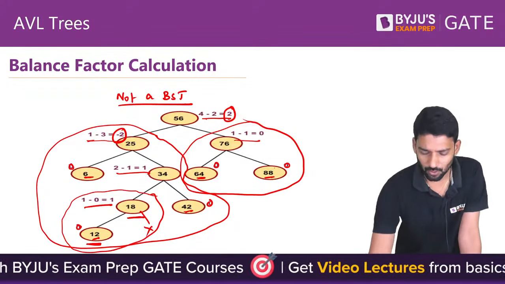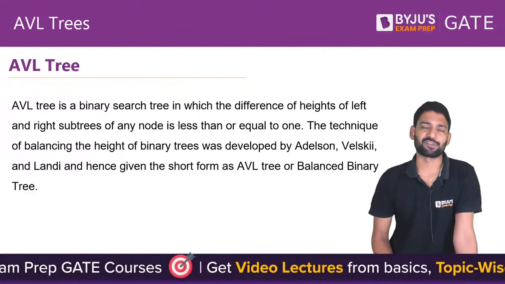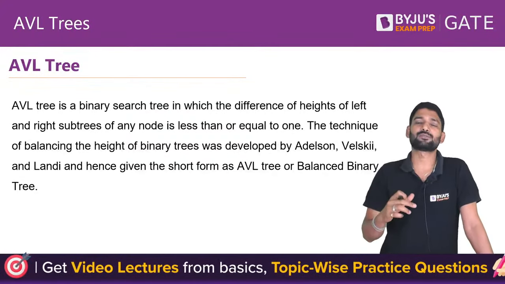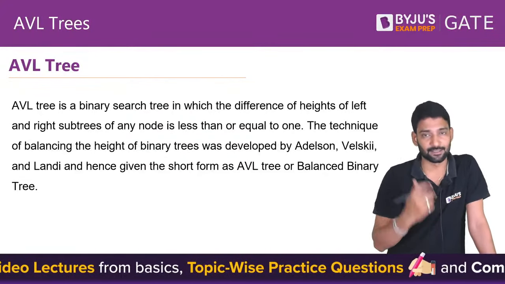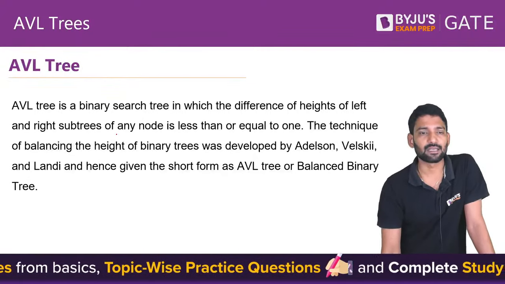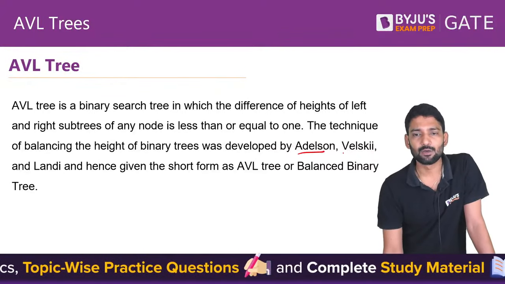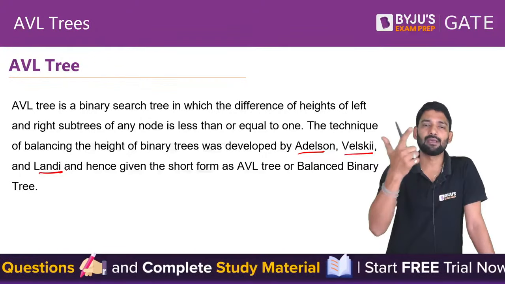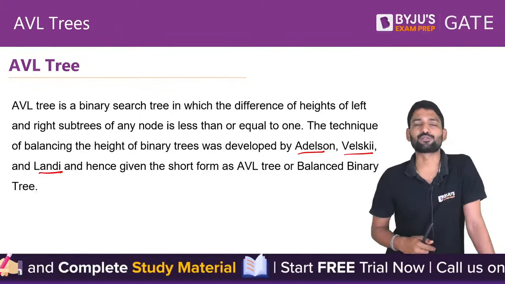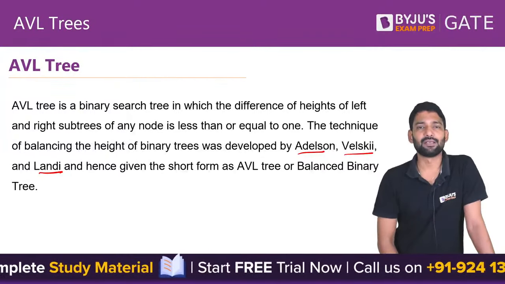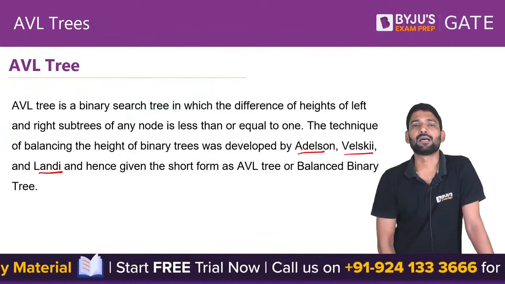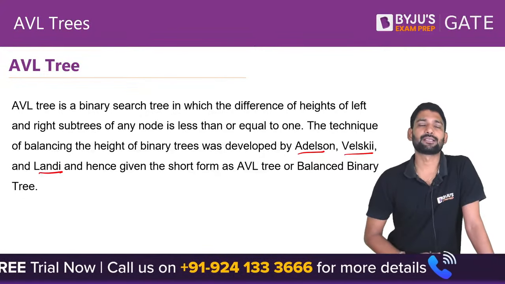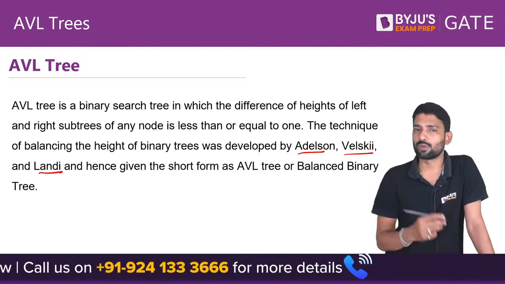Okay. So what is AVL tree? What is this AVL? These are the initials of the ones who invented this. This is invented by Adelson, Velsky and Landis. So these three persons together figured out this height balanced tree. That's why we call it AVL tree. So what is AVL tree?